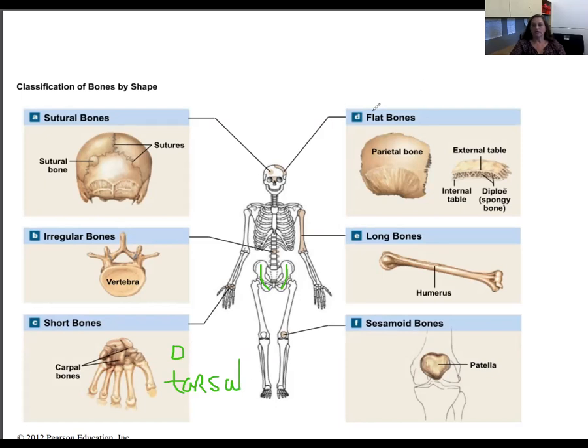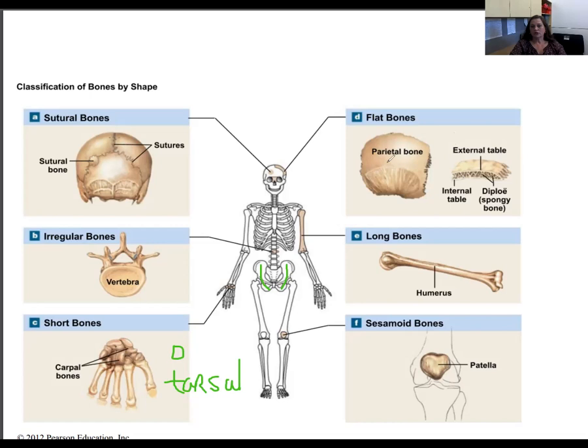Then up here in D, you have flat bones. Your flat bones are going to have 2 parallel surfaces, and these will be bones of the top of the skull, the ribs, and the sternum.